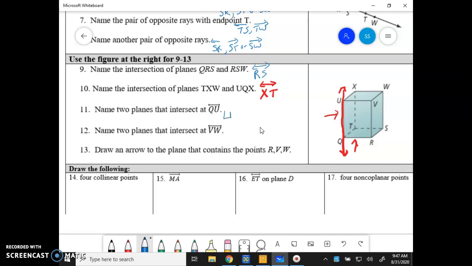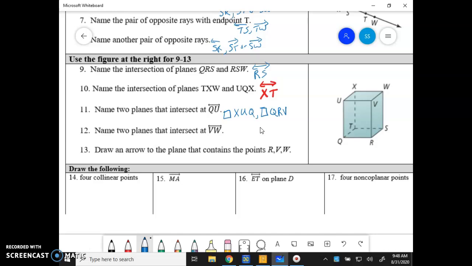So I'm going to make a little box and do the side plane, which I'm going to call X, U, and Q. And the other plane, I'm going to do the front one and do Q, R, V. Okay.